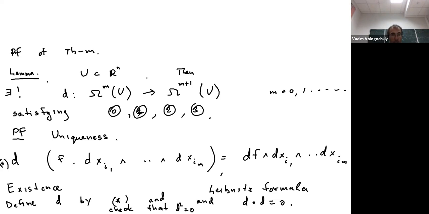Well, 1 holds by definition, so you need to verify properties 2 and 3. Property 2, for example, asserts that D squared is 0.